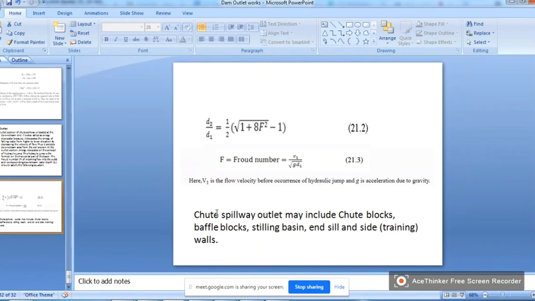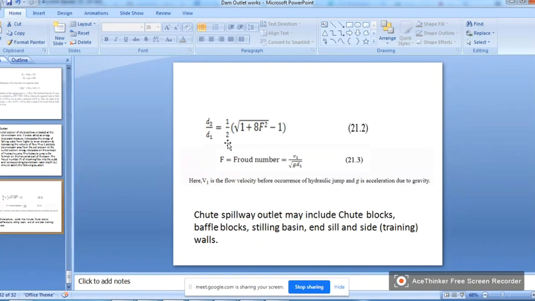The one question is these conjugate depths. This is the depth of water before the jump is created, and this is the depth of water after the jump is created. F is the Froude number. If you know the D1, D2 values, and then we have the curves, the supercritical water curve and the jump water curve, depending upon the curves we will design a suitable stilling basin.